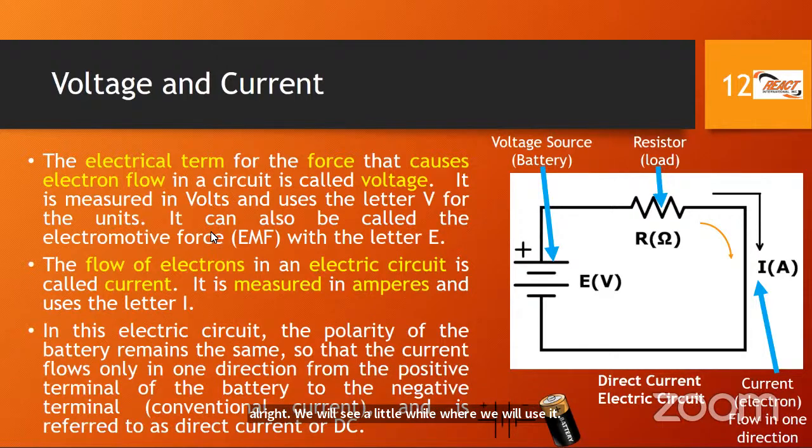But note that another way to refer to that force, instead of just voltage, is the electromotive force, abbreviated EMF. And if you think about it, electromotive force, that's what we were talking about. It's electrons that are moving. Motive means to move. So the electrons are moving with a force, and that's the EMF. Again, voltage or electromotive force. For our purpose, we will think of it as being the same.